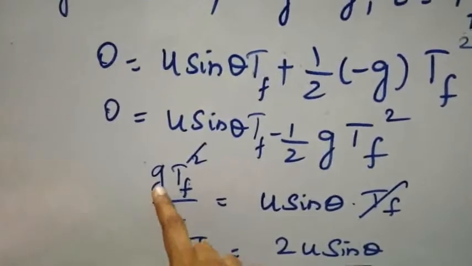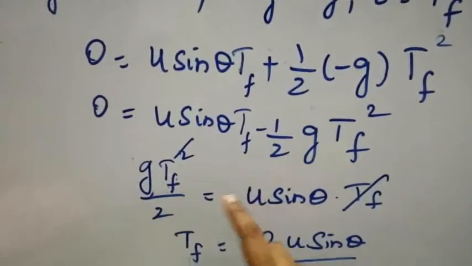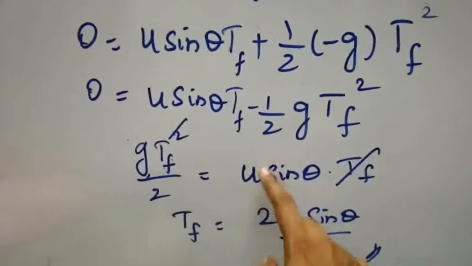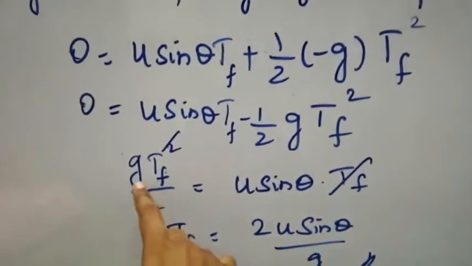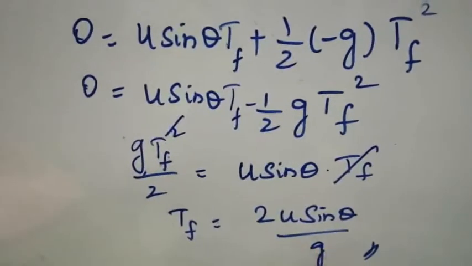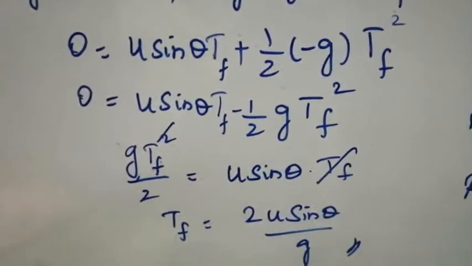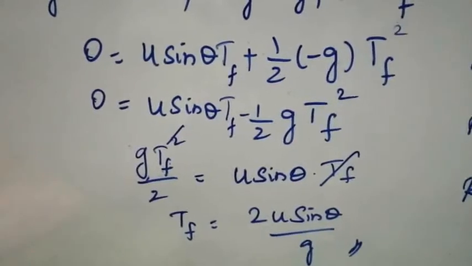Then bring this 2 and g to the other side. It is in the denominator; if it comes to the other side, it becomes numerator. So the tf value is 2u sin theta by g. This is your time of flight tf.